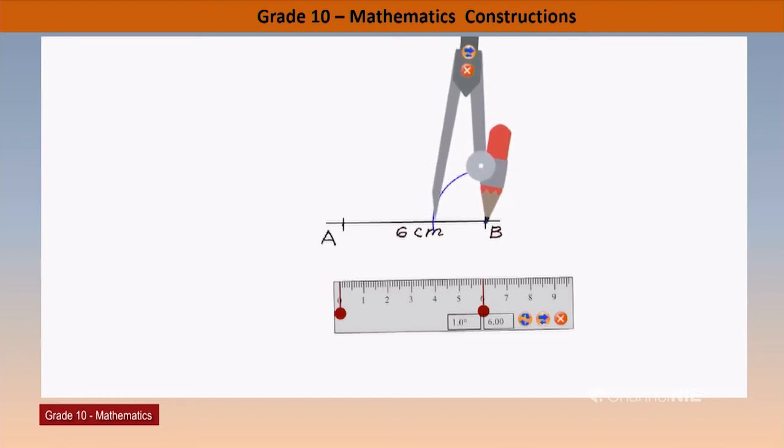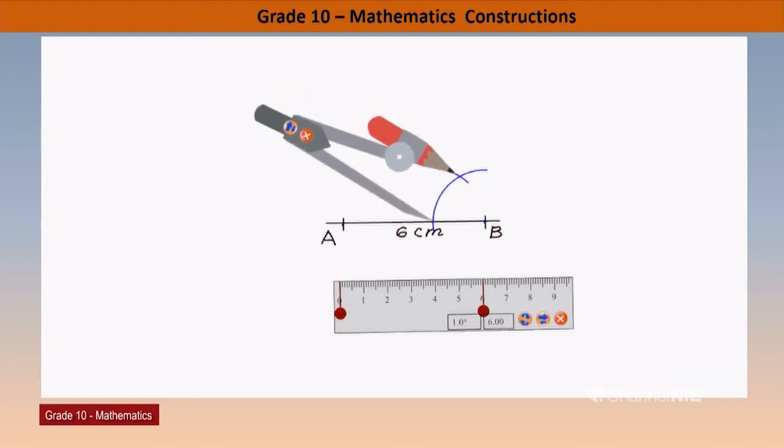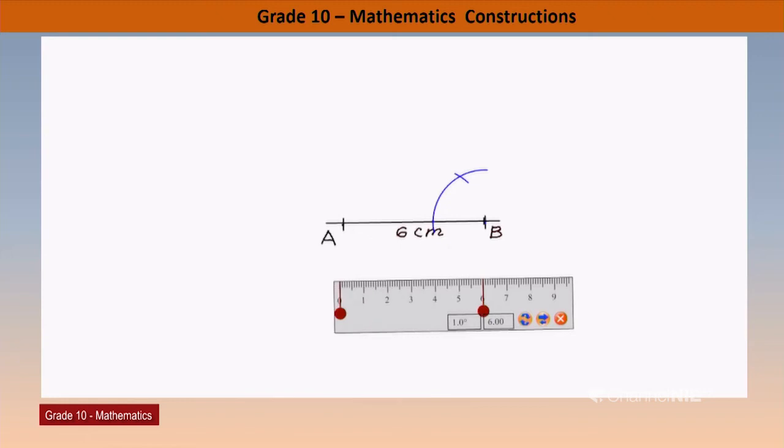Keep the steel point on that new point, take that place as center, draw an arc. The 2 arcs intersecting, we found another point. If we join those 2 points, B and the new point, we constructed a 60 degree angle.